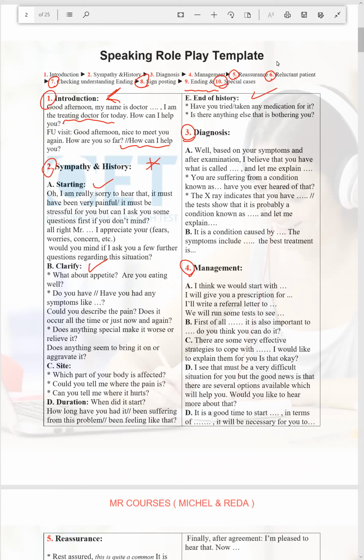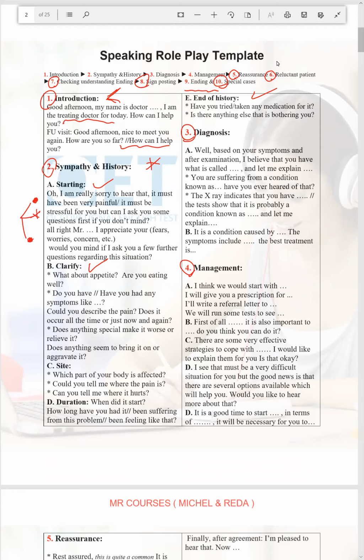We will start. He will tell the complaint, and you have to start with the following: sympathy, then information bullet, then reassurance. So, I'm really sorry to hear that. Or, it must be very painful for you. Must be stressful for you.